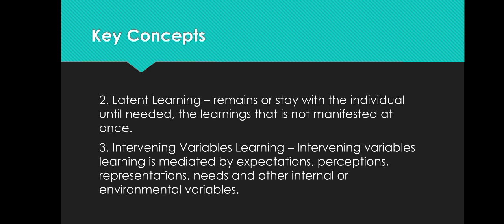So that is called latent learning. It is learning that is not yet seen in our behavior, or not visible in our activities, but the time will come that it will appear as it is needed, ano?